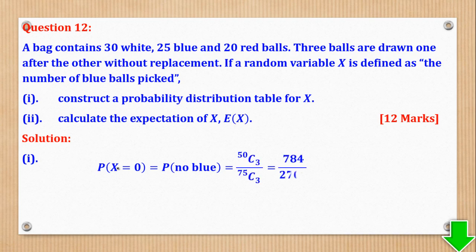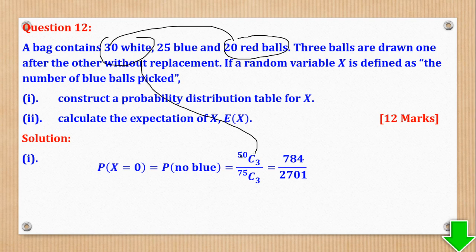So we say that the probability for x equal to 0 means no blue ball picked. It means this was where you picked from. So from this and this we have 50, 30 white plus 20 red balls gives a total of 50. But from those 50, they picked 3 balls.